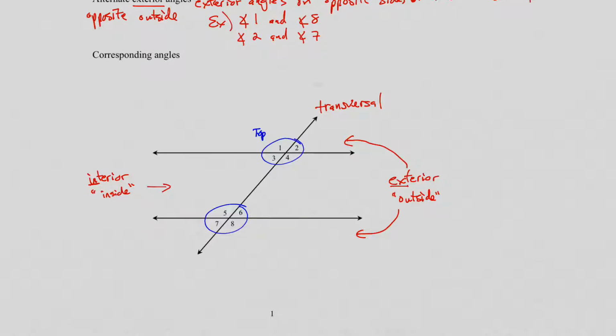Out of the four, we have top left, top right, bottom left, and bottom right. Each of the four angles has a little spot that corresponds to the same spot or location in the bottom group, in group number 2.